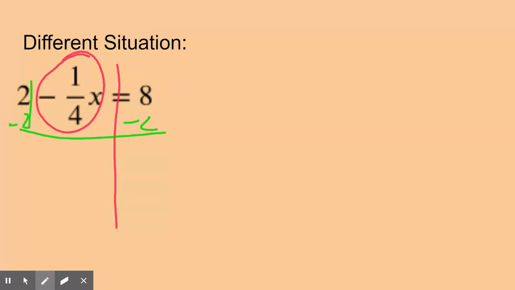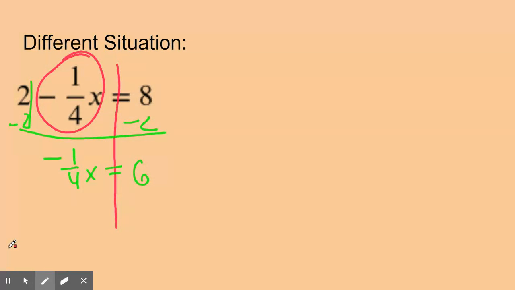So on the left side, I have negative 1/4 x equals 6. When you get to this part, you're like, oh, negative 1/4 x, that's multiplication. I agree. And you may say, you can divide. I agree. However, dividing by a fraction, especially with equations and inequalities, is a little difficult.